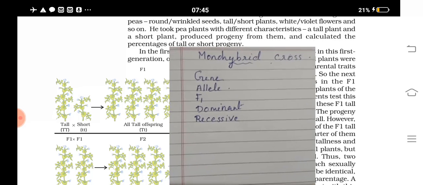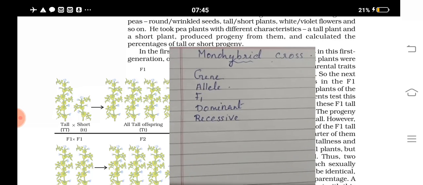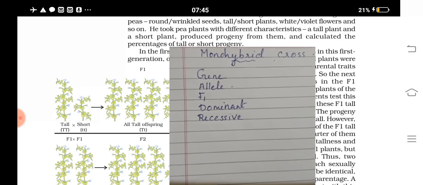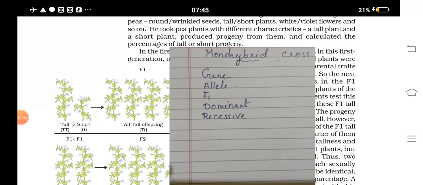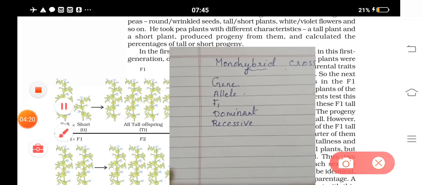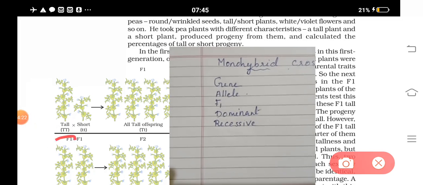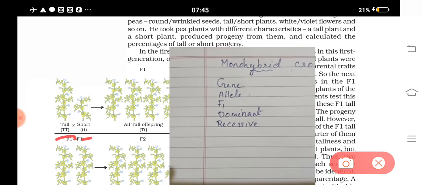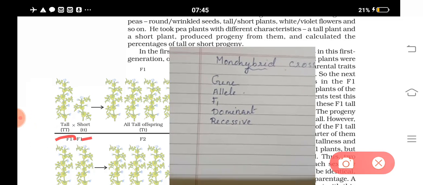And if he is taking the height of the plant, then it will have two different traits, tall and short. So these are the two different traits of the same character.